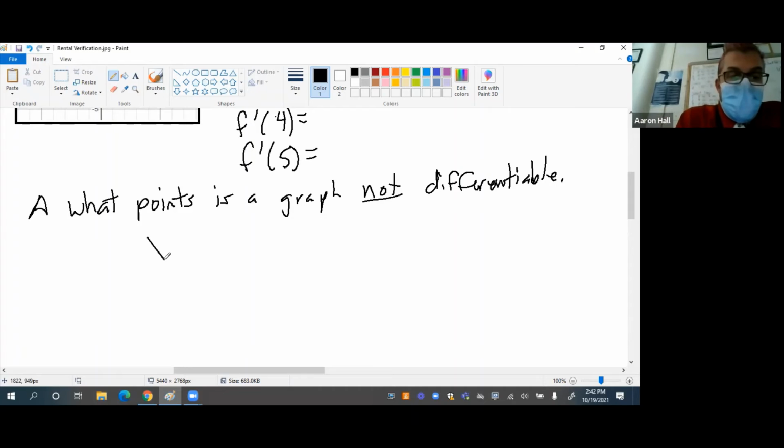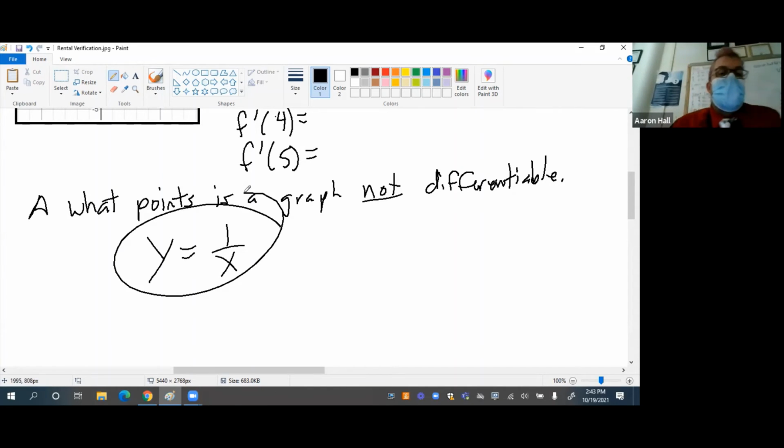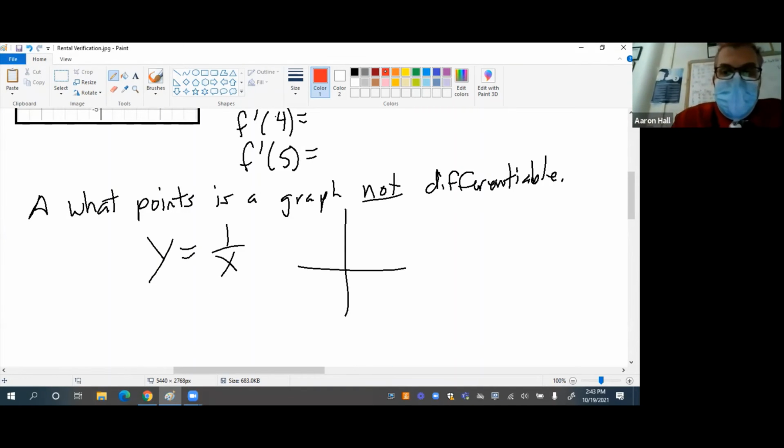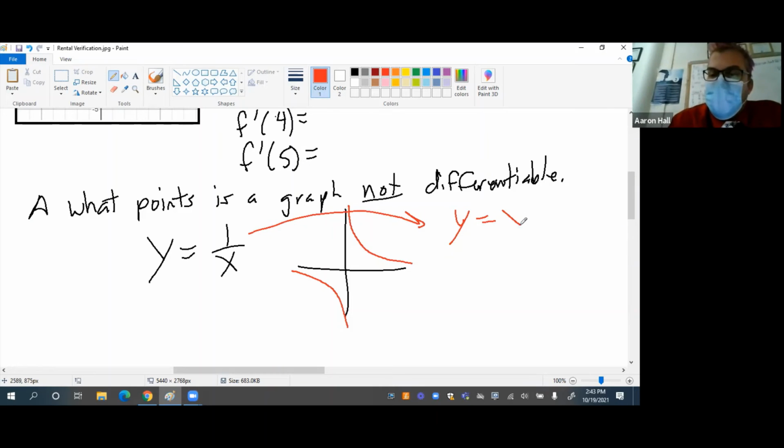Consider y equals 1/x. Let's use the power rule and figure out what the derivative function is. If I graph this, it's going to look something like this. If I take the derivative, y equals 1 over x is the same thing as x to the power of -1.